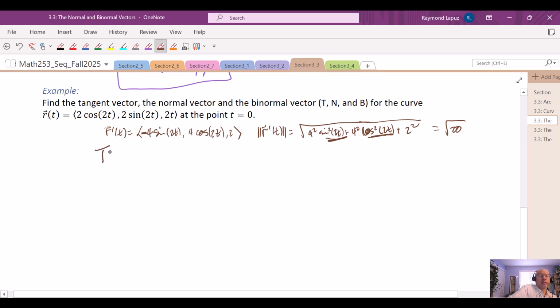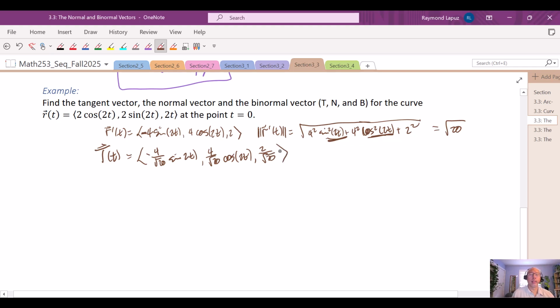And then we have our unit tangent vector. I'm going to go ahead and distribute this scalar 1 over root 20 inside. So this is negative 4 over root 20 sine 2t, comma, positive 4 over root 20 cosine 2t, comma, 2 over root 20.